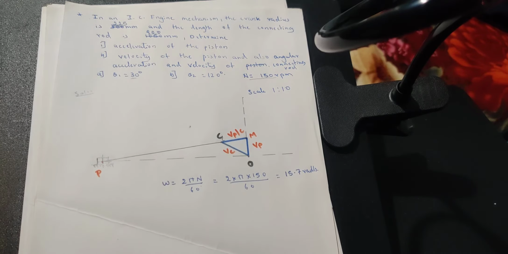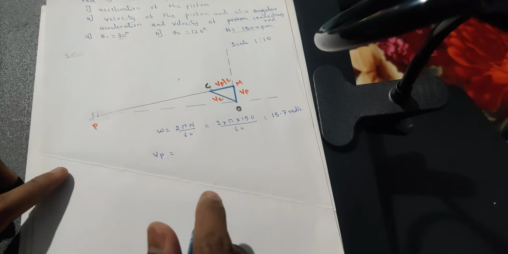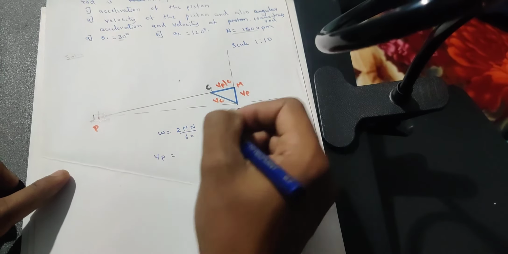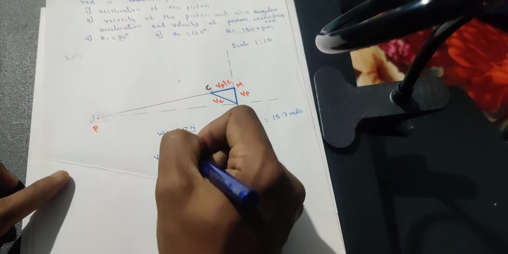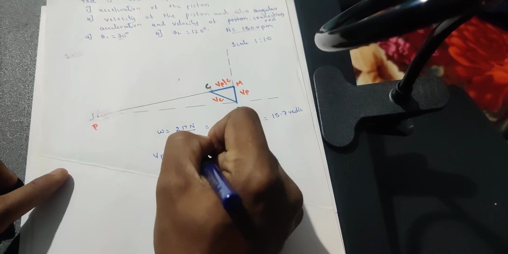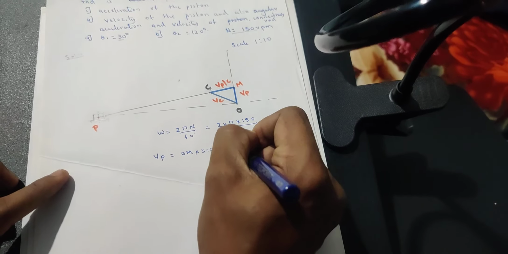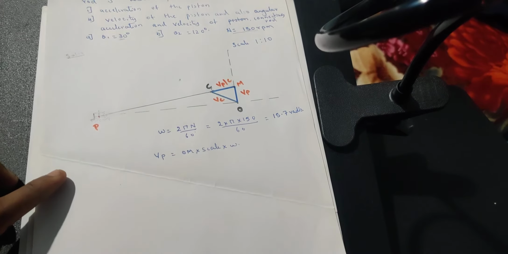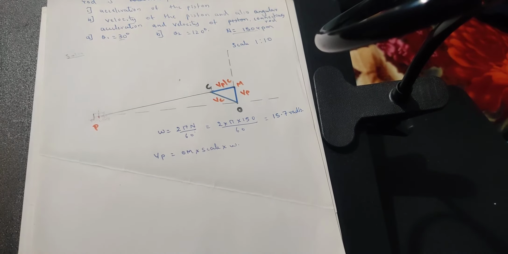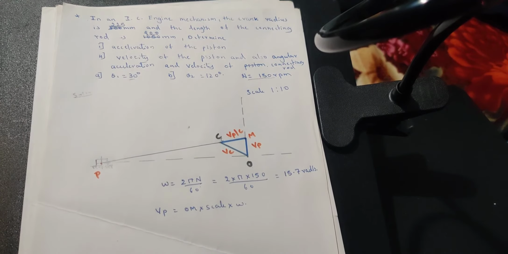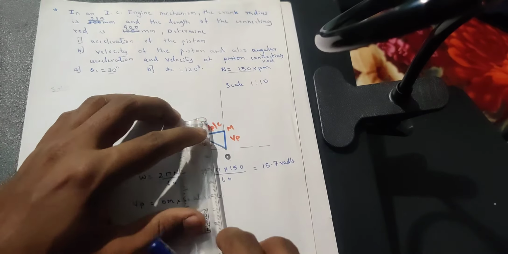How to find out the velocity of piston? We know that Vp is given as the distance OM into scale into omega. We know this particular formula, OM into scale into omega.